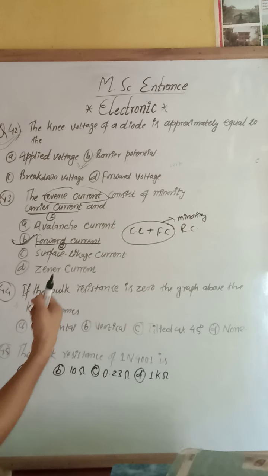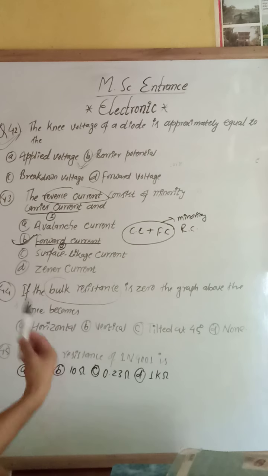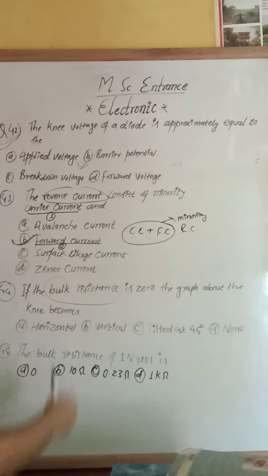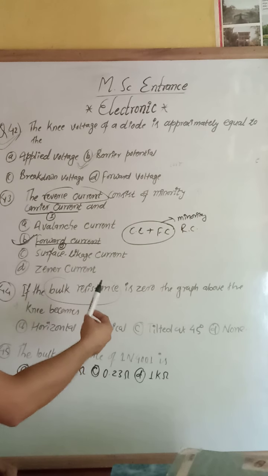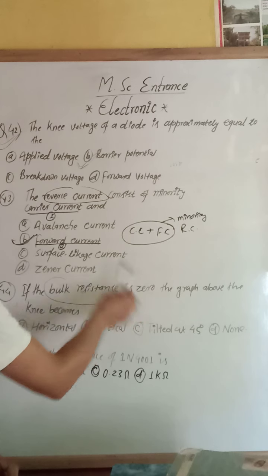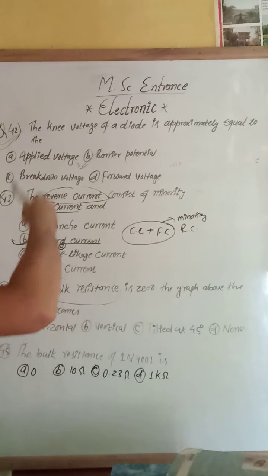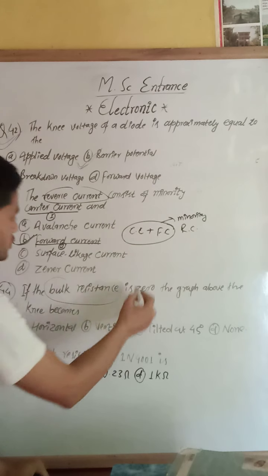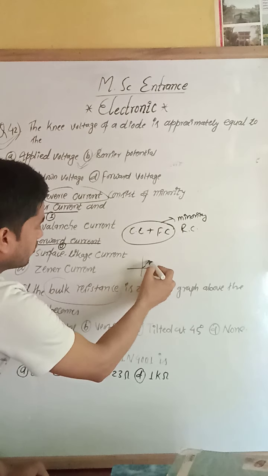We plot a graph associated with the bulk resistance, and the graph mainly starts from bulk resistance zero. When the bulk resistance is zero, what type is the graph above the knee voltage? Suppose this is our graph, and it starts from here.